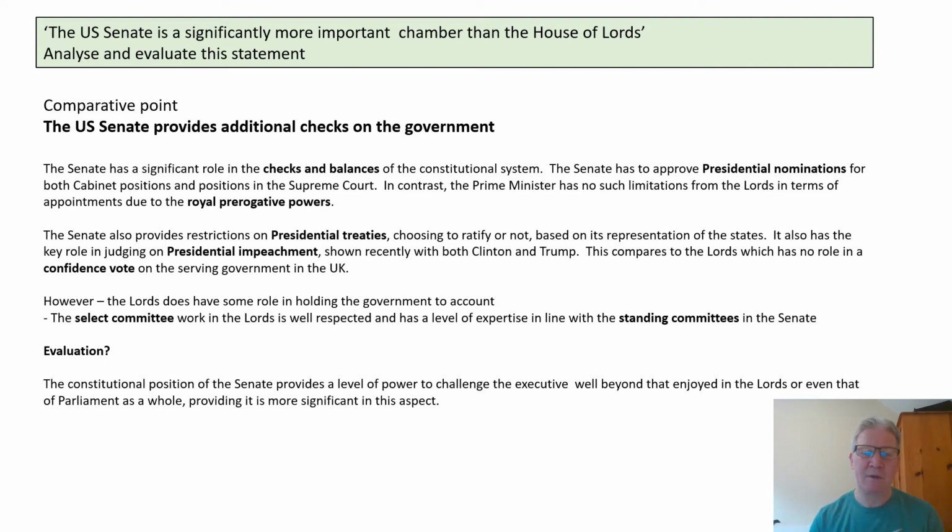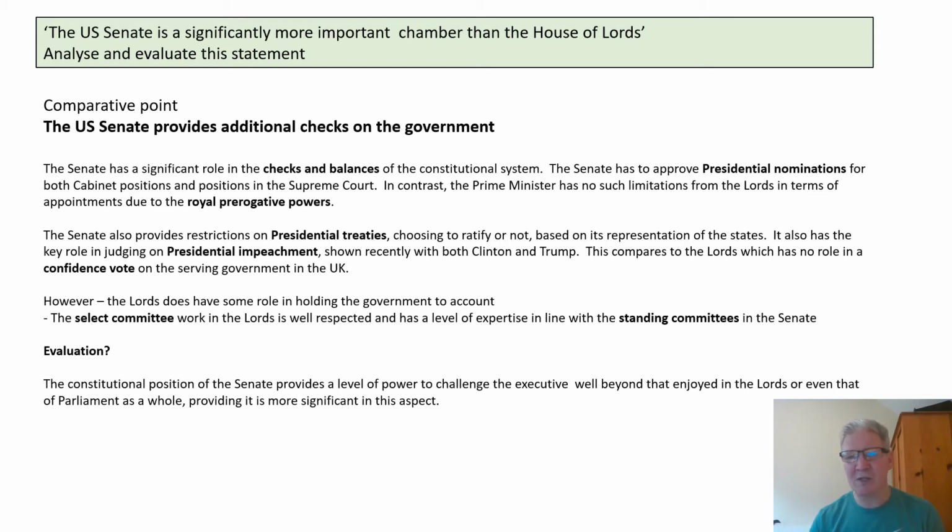Second function, we're now saying the US Senate provides additional checks on the government. And the Senate has got constitutional checks and balances, which makes it very significant in the political system. The way in which it has to approve or ratify presidential nominations for cabinet, for the Supreme Court. You compare that to the Prime Minister's capacity to change their executive.